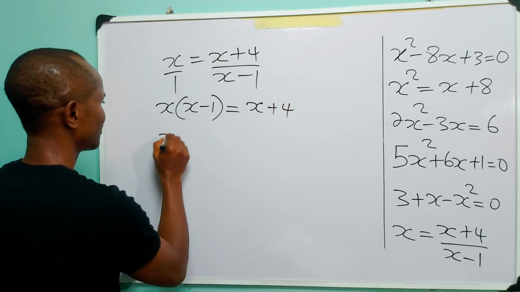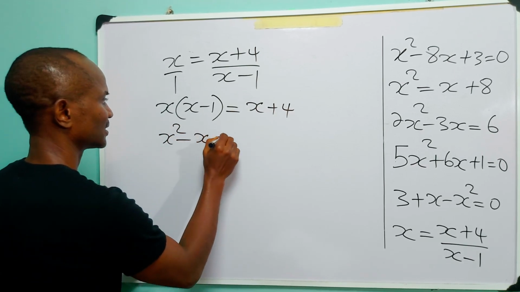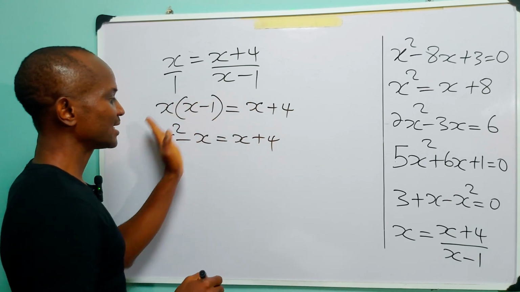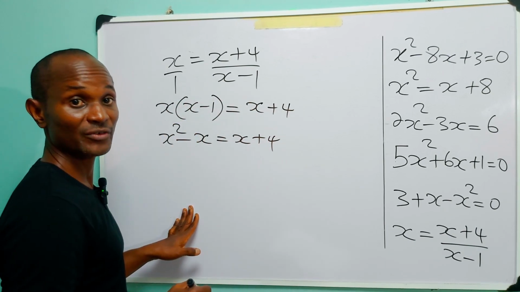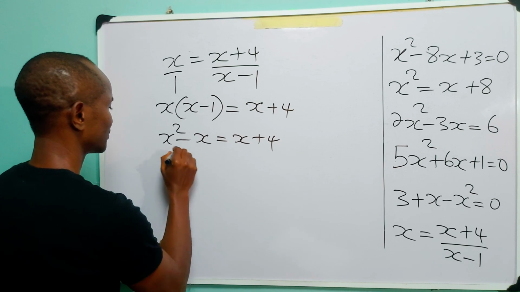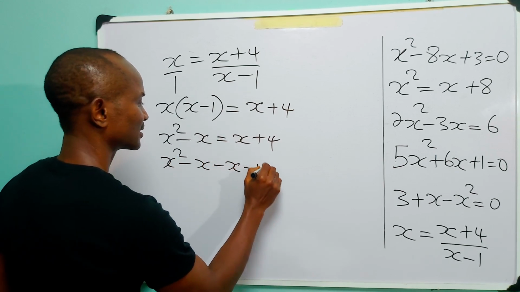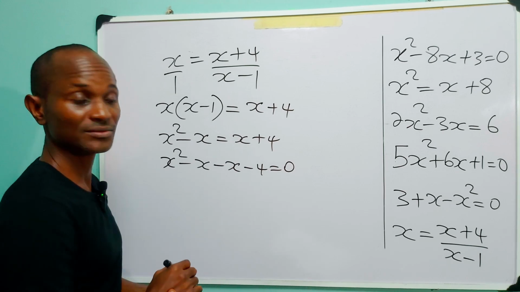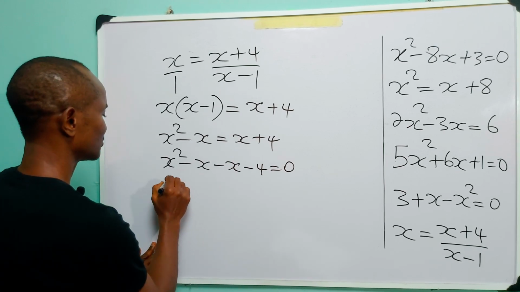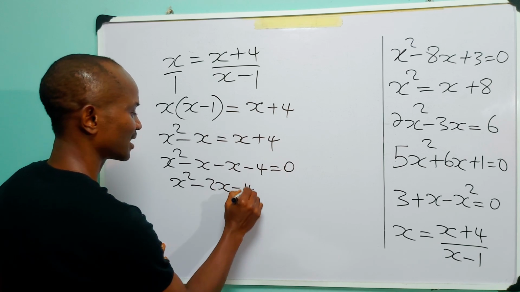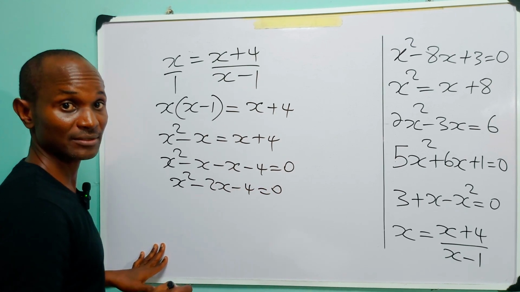Opening this bracket, we have x squared minus x is equal to x plus 4. Bringing everything over to the left-hand side of the equation, we have that x squared minus x minus x minus 4 is equal to 0. Collecting like terms, we have that x squared minus 2x minus 4 is equal to 0.